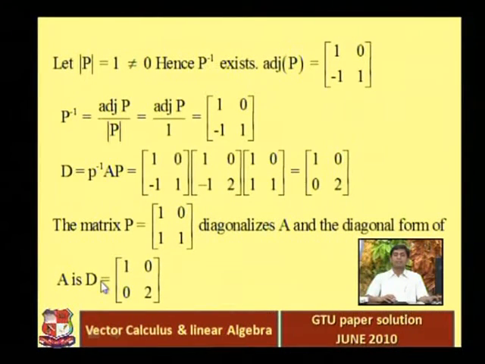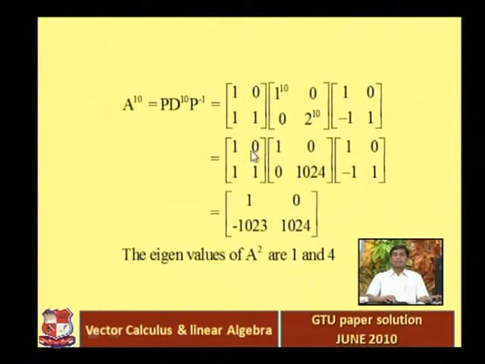So in particular here we want to find D raised to 10. What is our D raised to 10? The other diagonal entries must be 0, but in the main diagonal entries you will get 1 raised to 10 and 2 raised to 10. So D raised to 10 can be written as 1 raised to 10, 0, 0, 2 raised to 10.